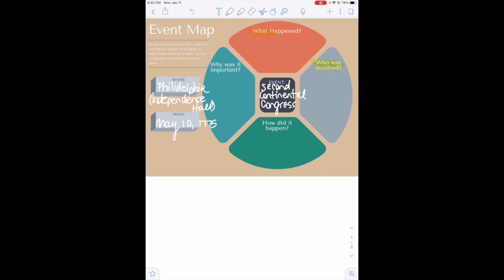So we know that at this point, what was happening was that the delegates all met to determine the next steps in the revolution. Now, when we think about a revolution, this is that change. They're deciding if they want to stay peaceful with Britain or if they actually want to go to war.